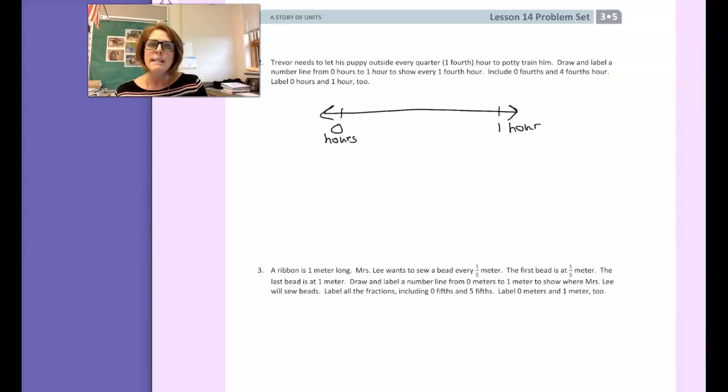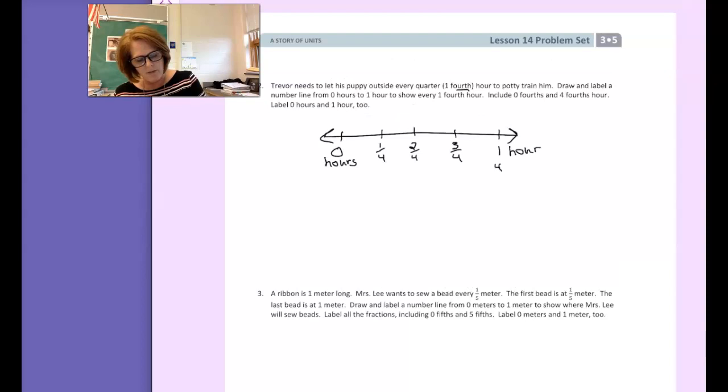And now it's telling us we're dividing it into fourths, quarter hours, fourths. So we're going to divide it into 1/4, 2/4, 3/4, and 4/4. Now I'm going to go back and reread this question to make sure I didn't miss anything.